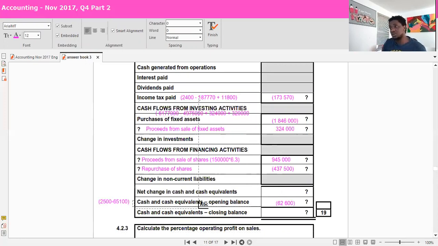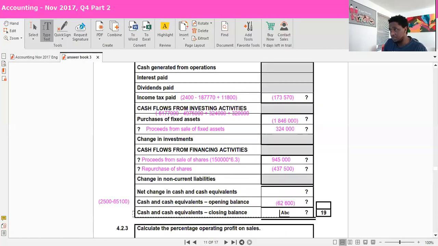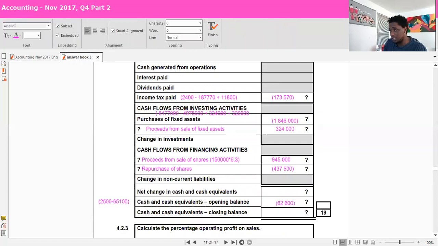And then at the end of the year, how much cash and cash equivalents do we have? We have no bank overdraft at the end of the year, and we have 23,400. So we take and put this 23,400. It's a positive balance. 23,400. And then to calculate the net change.